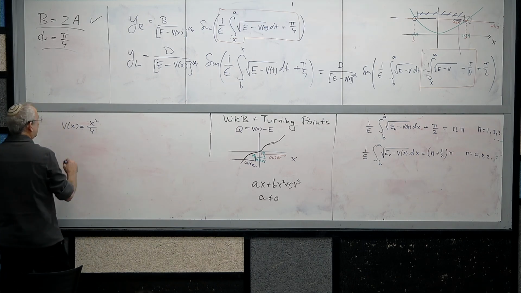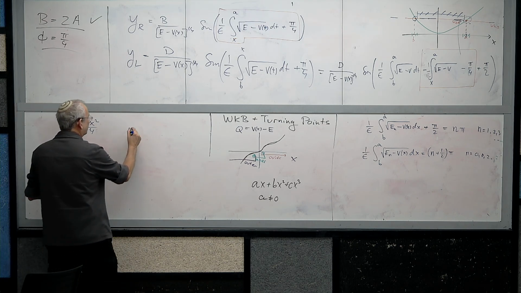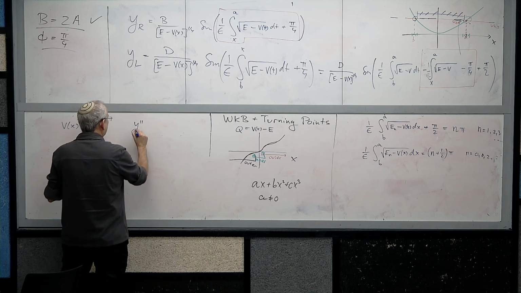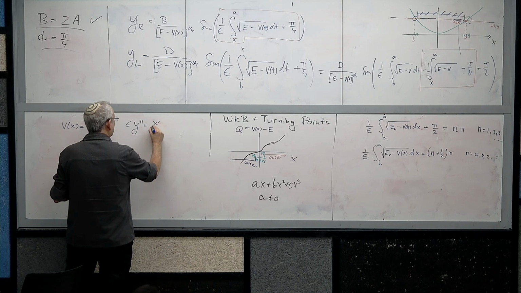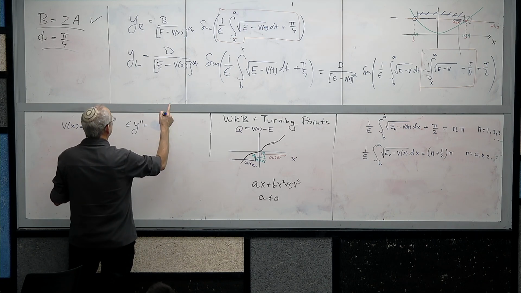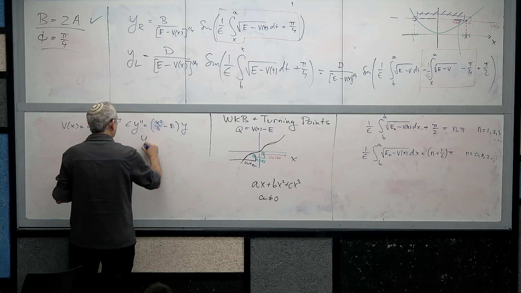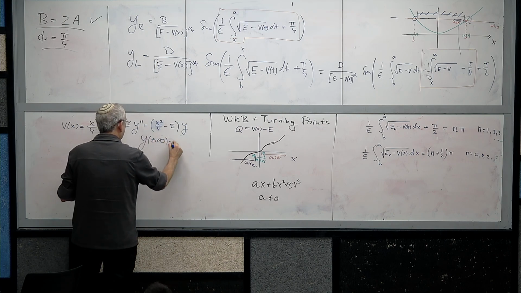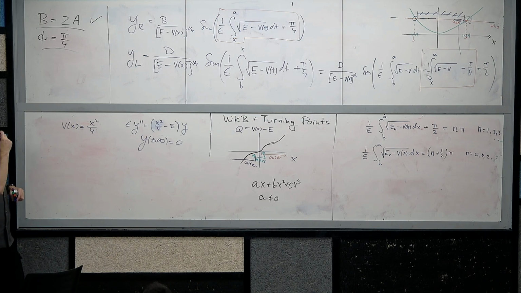So if V of x is x squared over 4, then I'm solving epsilon squared y double prime equals q y, where q is V minus E, so x squared over 4 minus E, with the boundary condition y at plus minus infinity is 0. That's a harmonic oscillator.